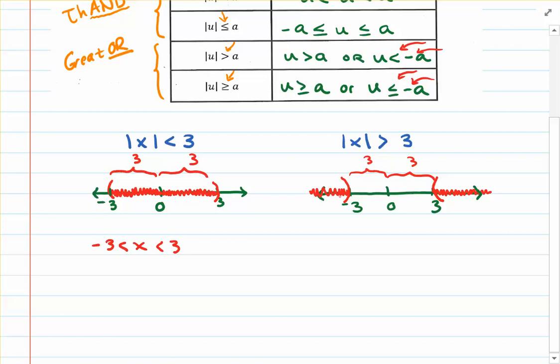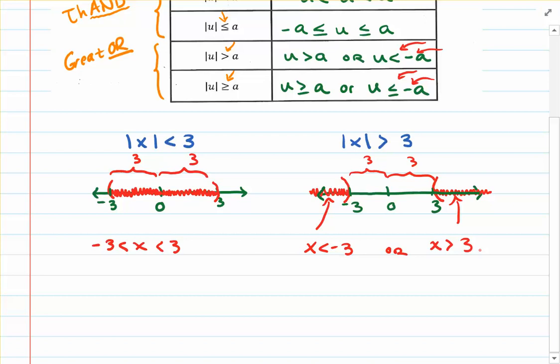For example, for this first part of the number line that's shaded, we could say that x is less than -3. To have that shaded means this inequality, x is less than -3. Or we could write an inequality for these answers of x that are to the right of +3 on the number line, and the inequality that would correspond to the shading would be x is greater than +3.